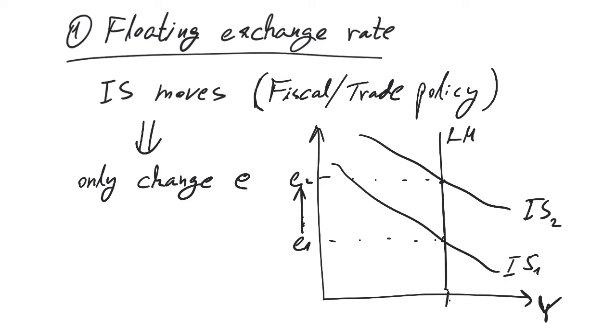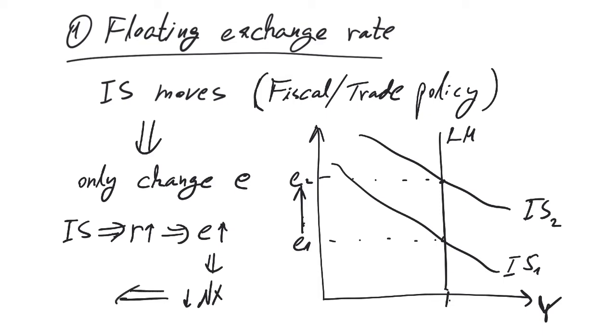And the reason why that happens is that the IS shift in the home economy will increase the interest rate in the home economy. That will cause money to flow in to get the higher interest rate than the interest rate abroad. That will cause the exchange rate to go up, which will cause the net exports to go down, which will cause the IS curve to go down.